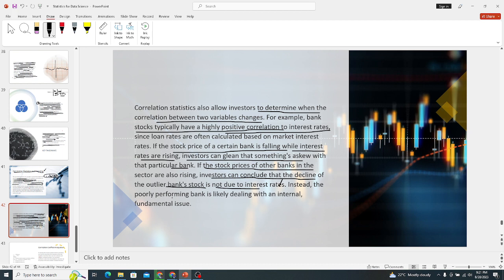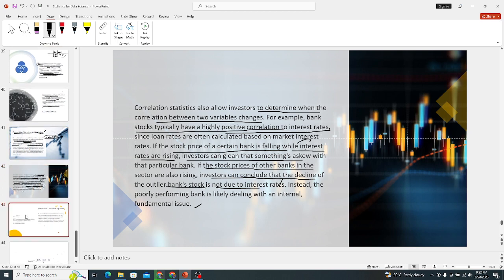Instead, the poorly performing bank is likely dealing with an internal fundamental issue. If the stock price is increasing and the interest rate is increasing, then the bank is performing. But if the stock price is decreasing and the interest rate is increasing, there must be something wrong with that bank, something askew.